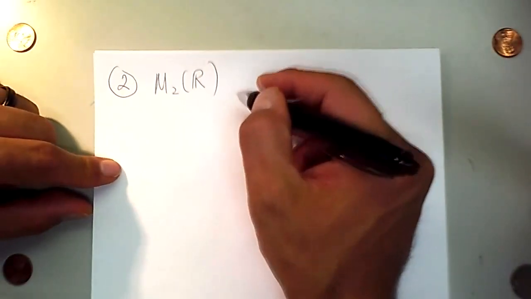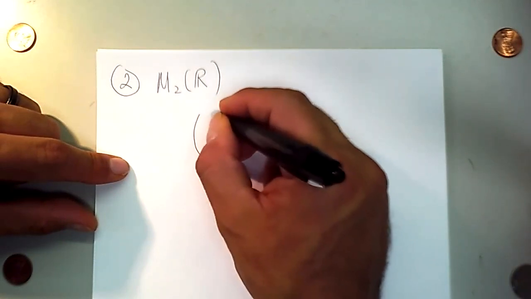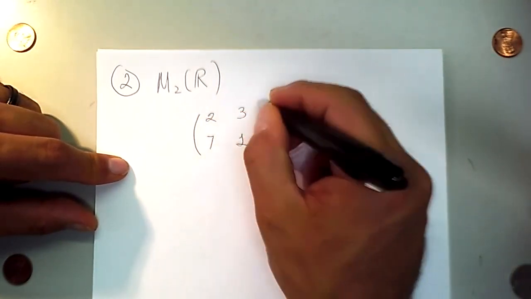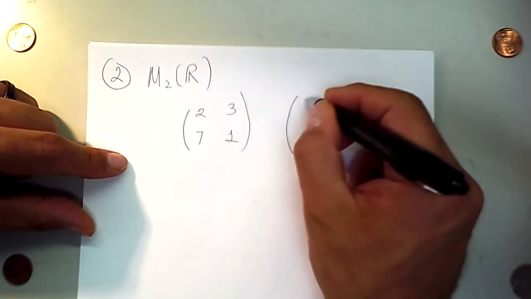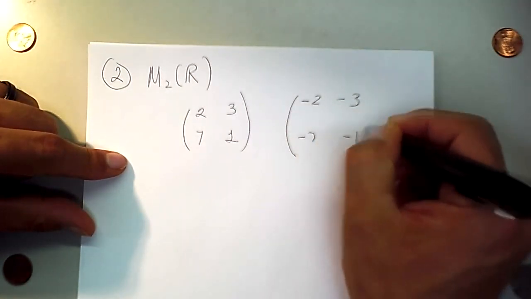If you have 2 by 2 matrices, then that is a vector space as well. We can have a matrix 2, 3, 7, 1, and then its opposite will be -2, -3, -7, -1.